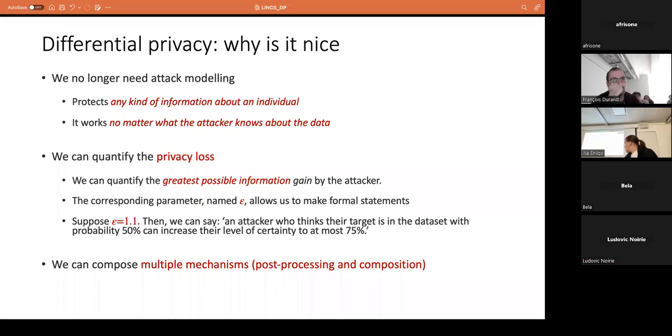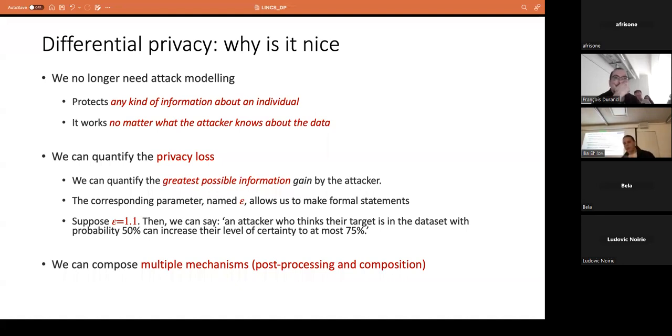Here it's much clearer. You have a corresponding parameter, epsilon, and differential privacy is usually either epsilon differential privacy or epsilon-delta differential privacy. We will focus on the former. If you have a particular value of epsilon, you can say what is the increase of information of the adversary about you based on this value.